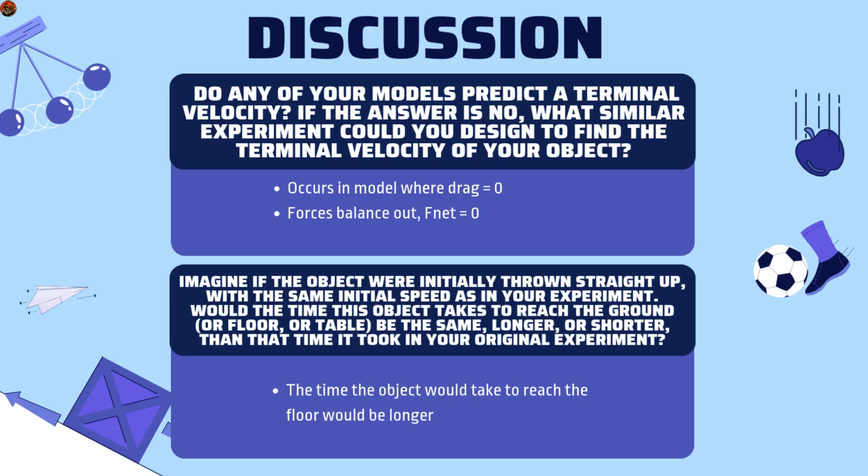So the time that it would take the ball to reach the ground would actually be longer, because in the original experiment, the force in the y direction wasn't as exaggerated as it would be if you were to throw it directly up. With all the speed and force being in the upward direction, it would take more for it to be dragged down and slowed to zero by gravity.